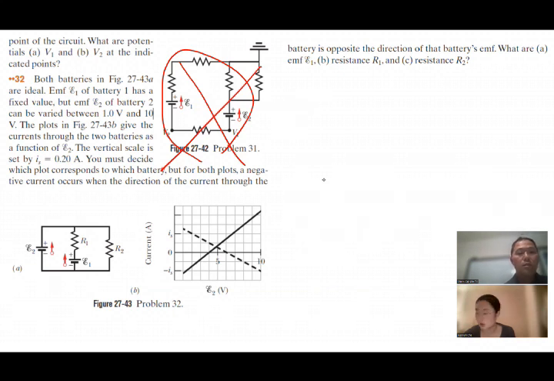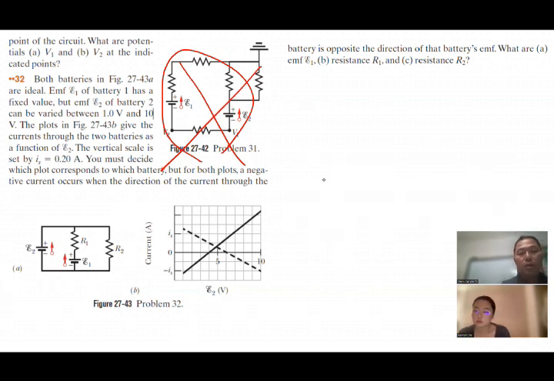So this is similar to the previous problem, but the one difference is their resistor with the varying resistance. So they create a different potential change in terms of their potential drop or potential rise.